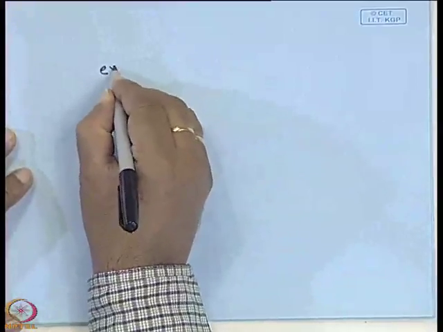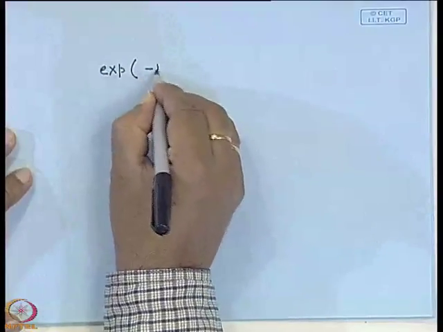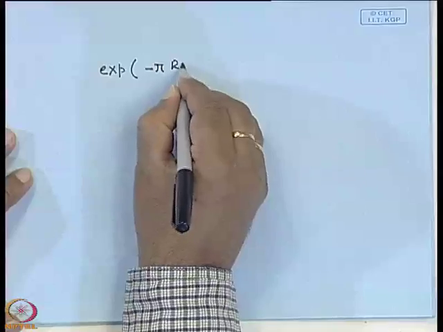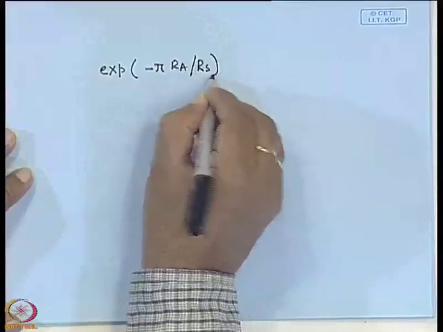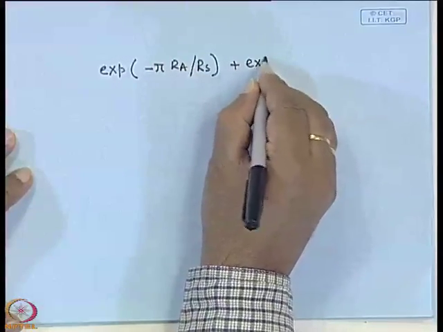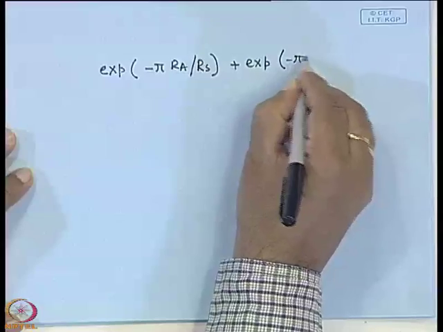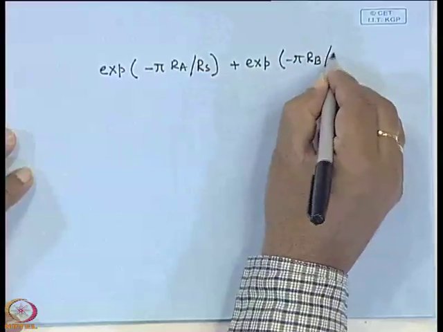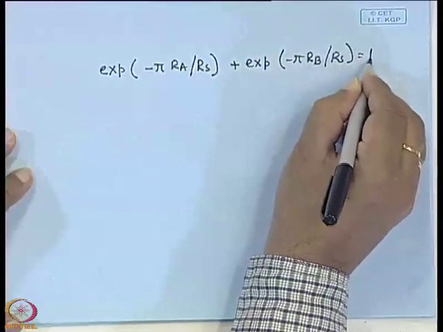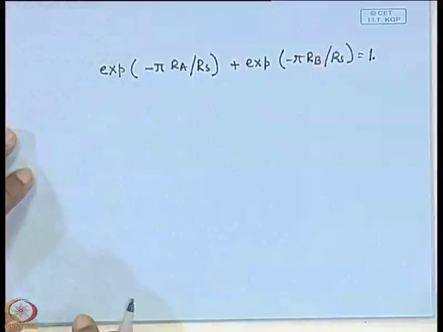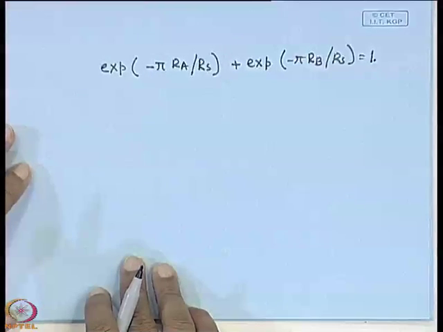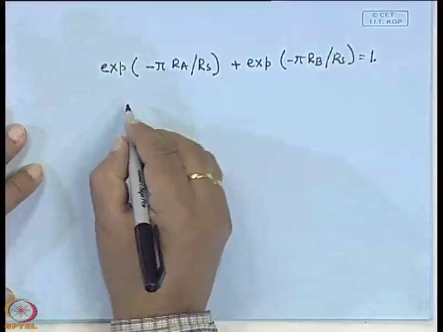It is known as exponential of minus pi R_A by R_S plus exponential of minus pi R_B by R_S equals 1. So, this is the Van der Pauw equation.